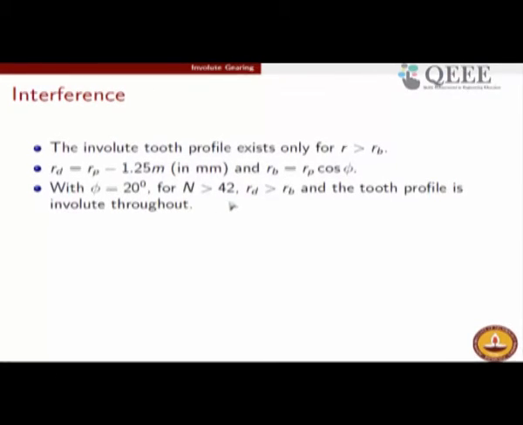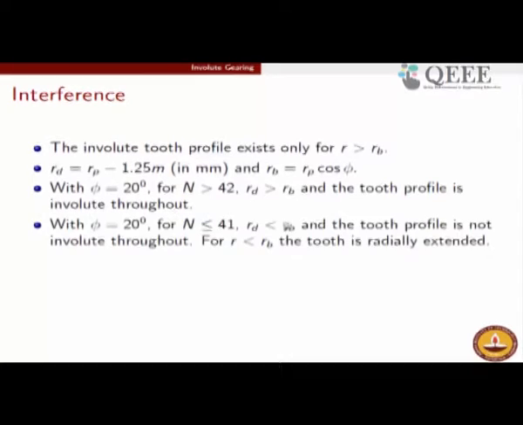You have to go for at least 42 teeth in a gear to ensure that the dedendum circle radius is always greater than the base circle radius. If you have the situation where the number of teeth is 41 or lower, then it can be proved that the dedendum circle radius is actually lesser than the base circle radius.